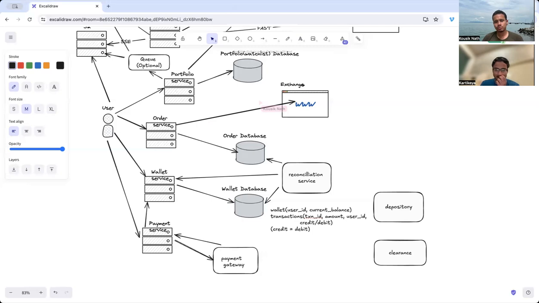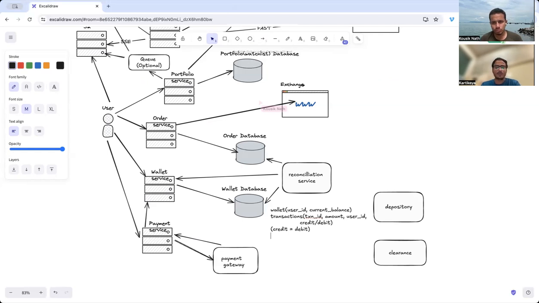Basically, this transactions table is actually a ledger. So it should be open to additions, but it should not be open to modifications. So we need to add a constraint on this table that the service can add an entry here, but the service cannot modify any existing transaction.